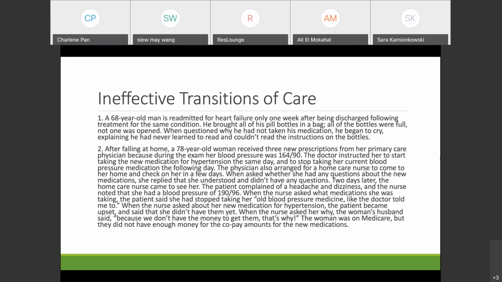All right, guys, so what did you come up with? We'll start with this side of the room now. What things about the patient may make ineffective transitions of care? Sure, very good.